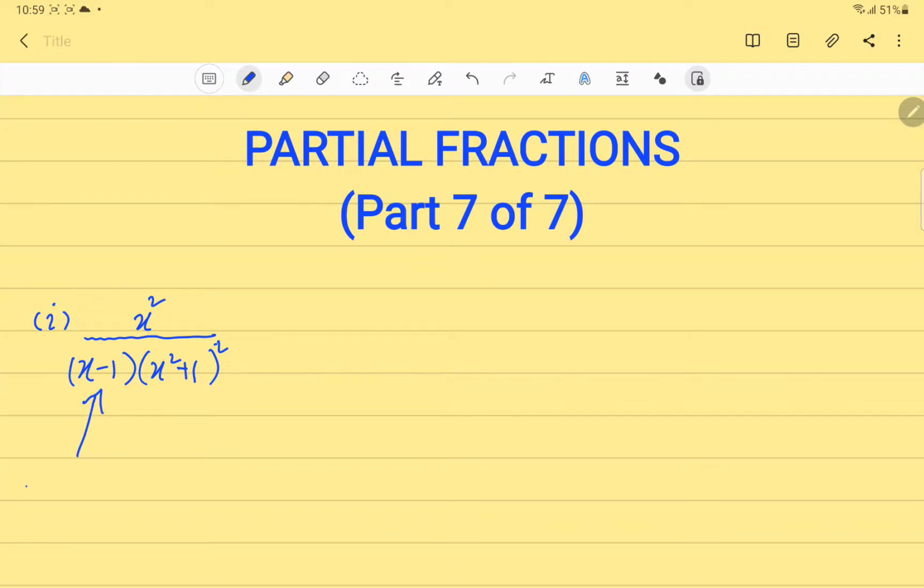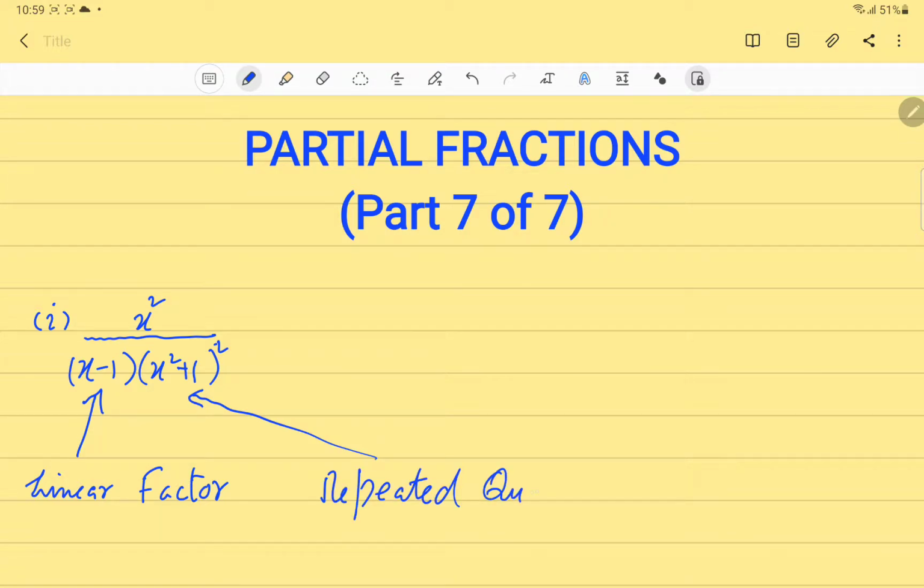Its first factor is a linear factor, and the second factor is a repeated quadratic factor. Why do we call it a quadratic factor and then repeated?